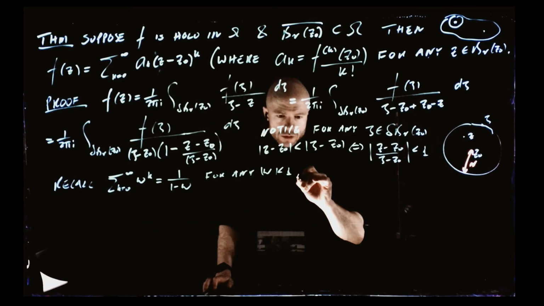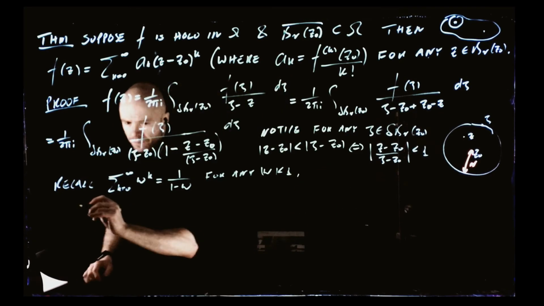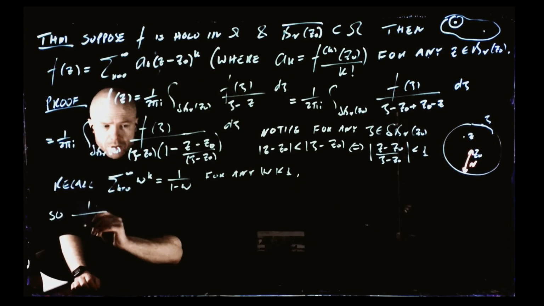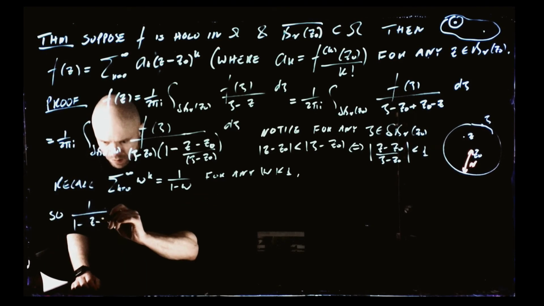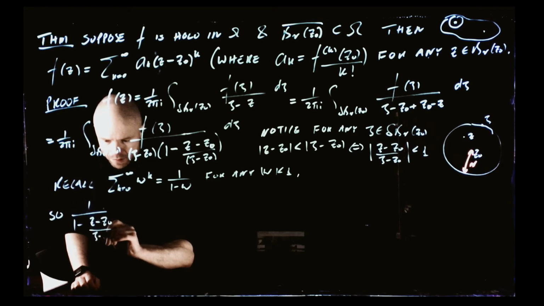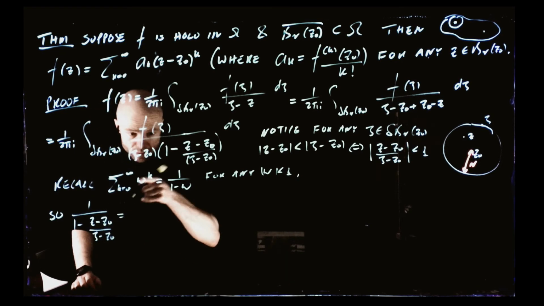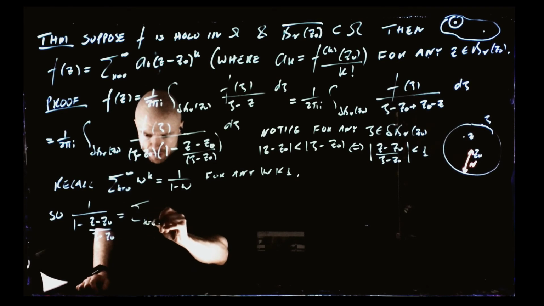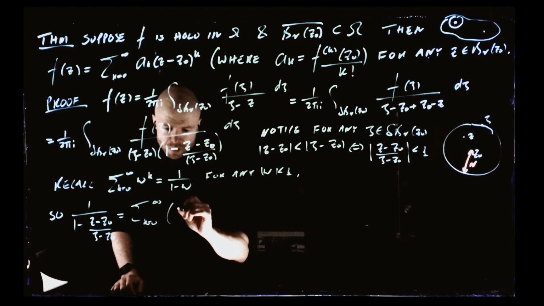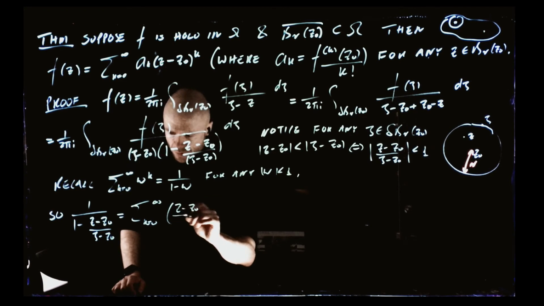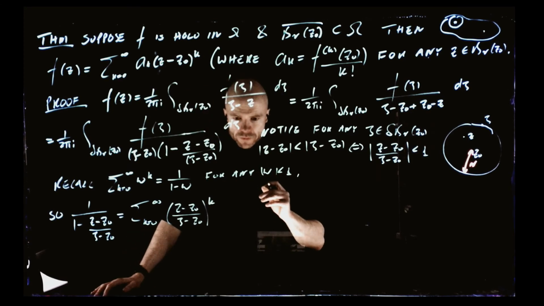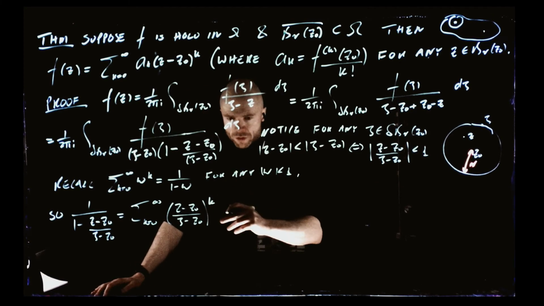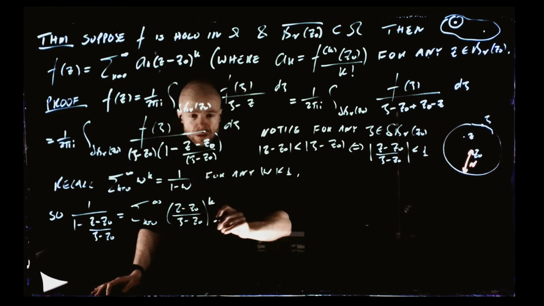So 1 over 1 minus z minus z0 over zeta minus z0 is, by this formula, the sum from k equals 0 to infinity of z minus z0 over zeta minus z0 to the power k. Just applying the formula above. Okay, so then we can put it directly into this thing.